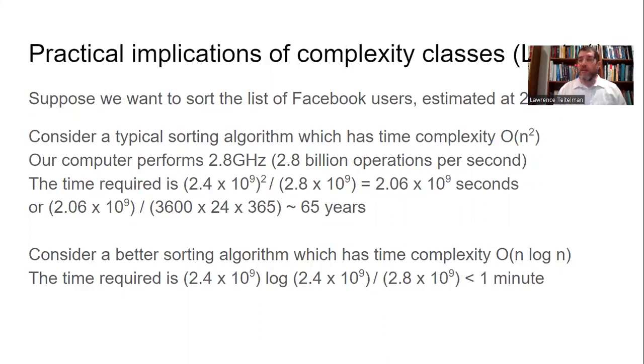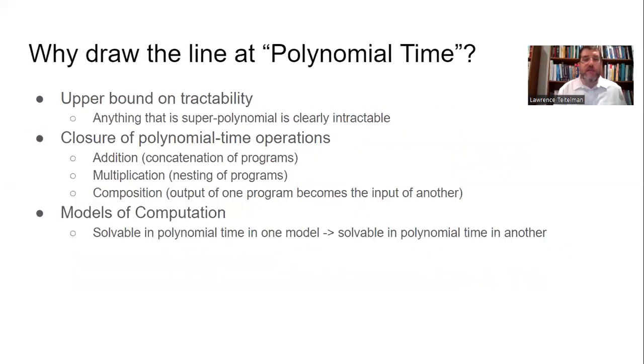Some of you discovered that in sorting. Some of you discovered that in the dynamic programming assignment, when your string was too long, it took hours, and even hours is a long time in a six-week course. So this begs the question: if polynomial time, even n squared, isn't so good, why are we drawing the line there?